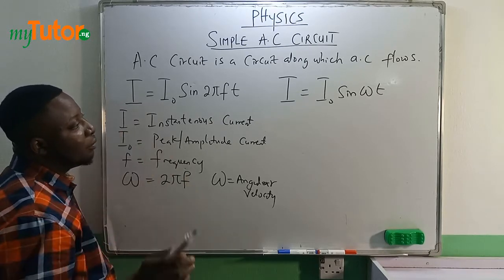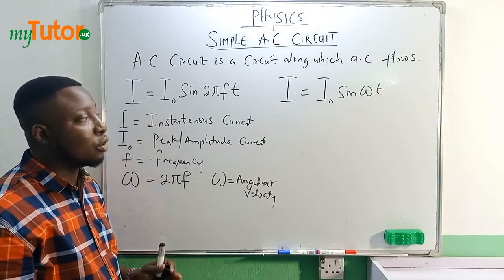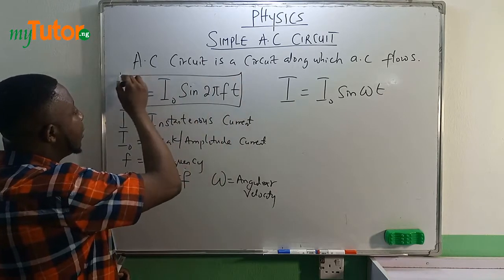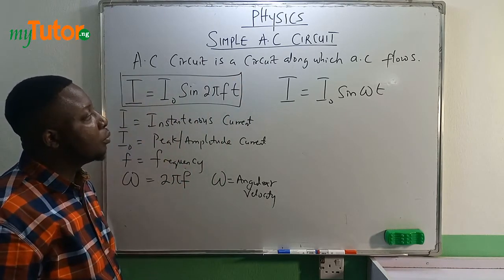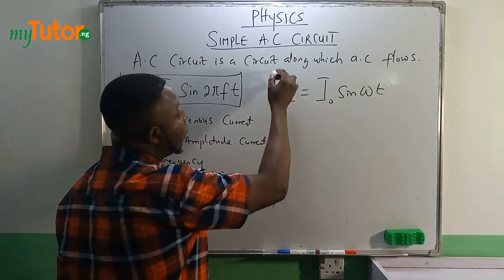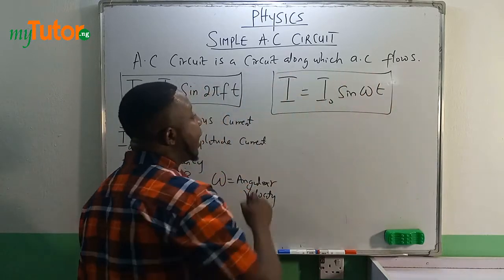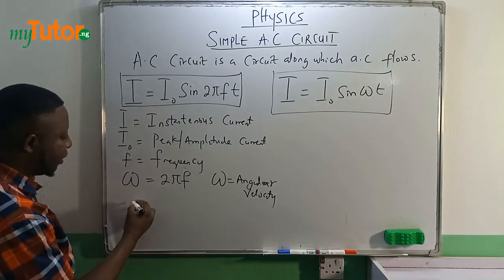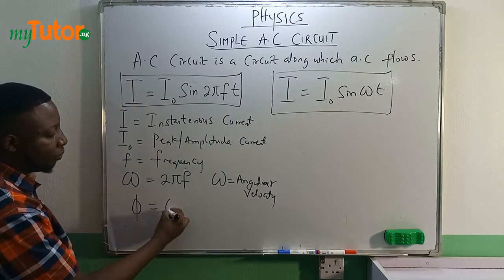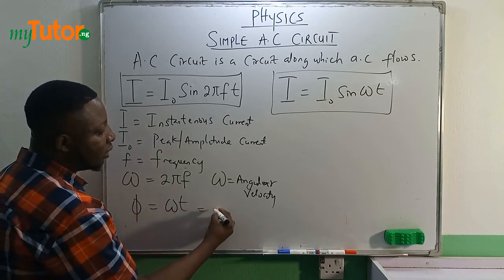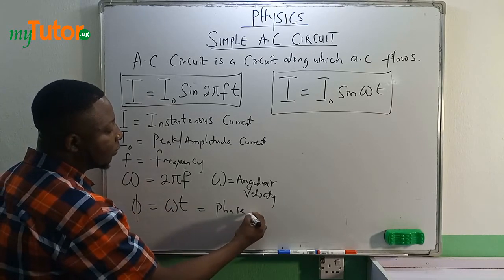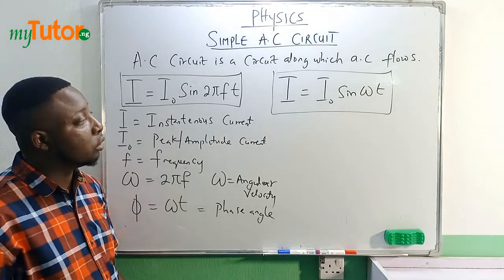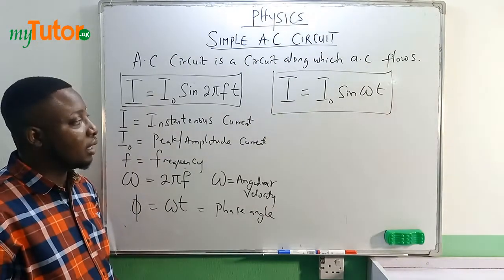That means we now have two equations that represent alternating current: I is equal to I naught sine 2 pi ft, and I is equal to I naught sine omega t. Omega t is called the phase angle.